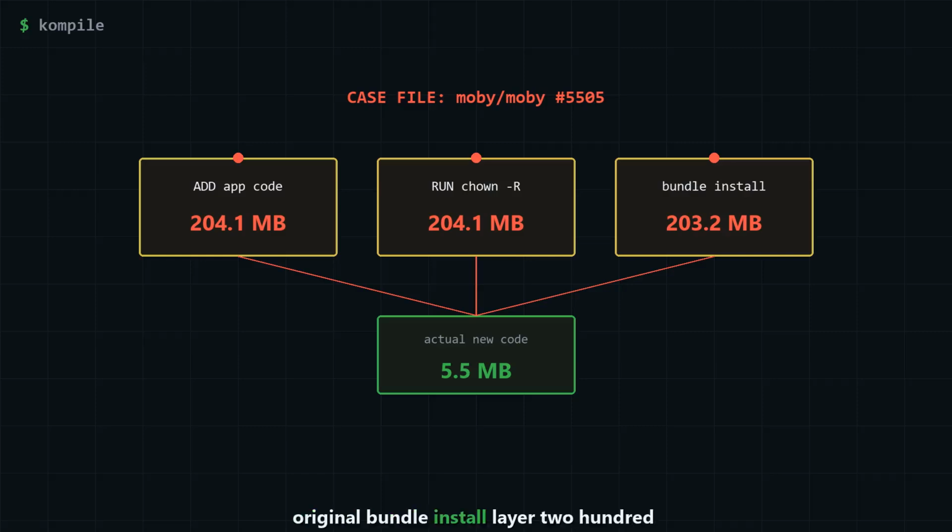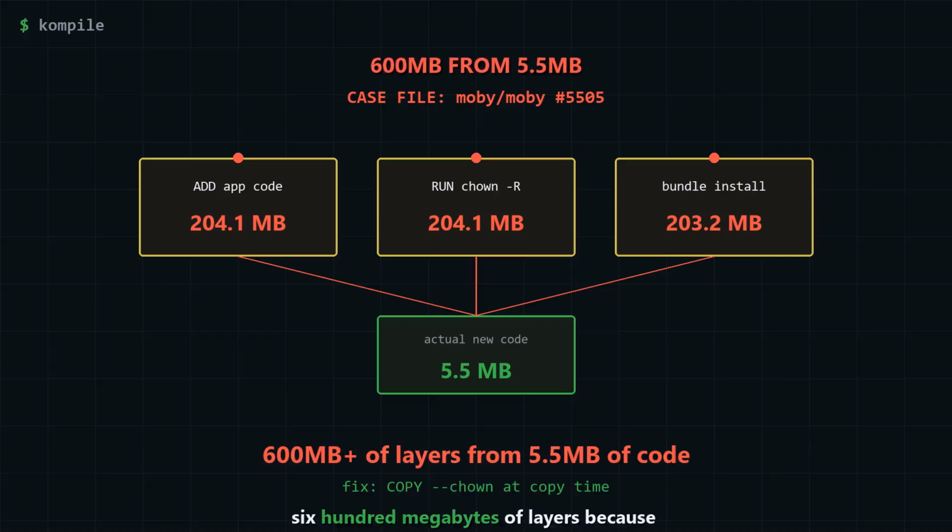The original bundle install layer, 203.2 megabytes. From 5.5 megabytes of genuinely new content, the build produced over 600 megabytes of layers, because changing permissions on an existing directory forces a full copy of that entire directory into the new layer. This is exactly why COPY --chown exists now, and why touching ownership after the fact is a quiet tax almost nobody notices until they run the numbers.